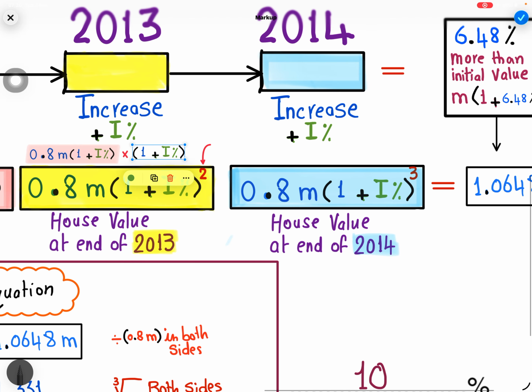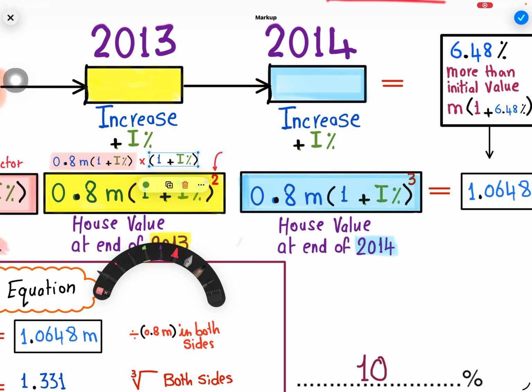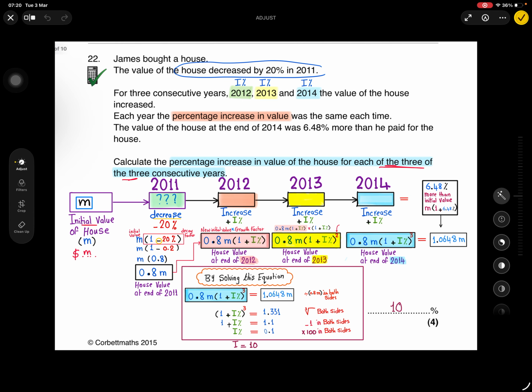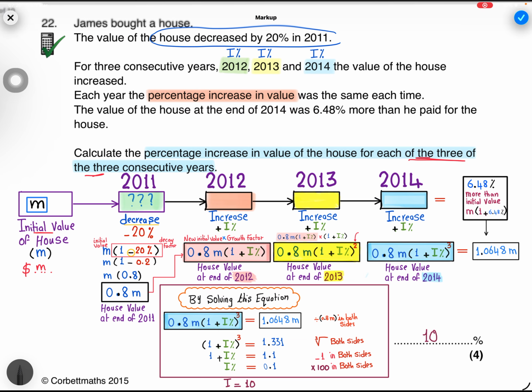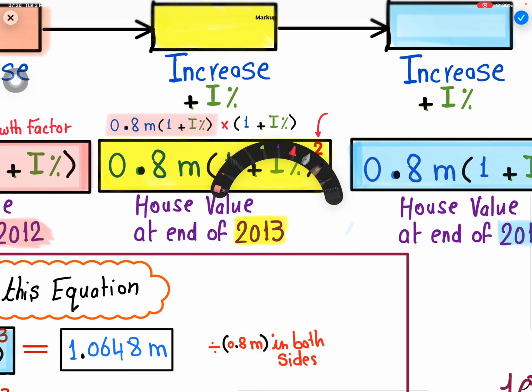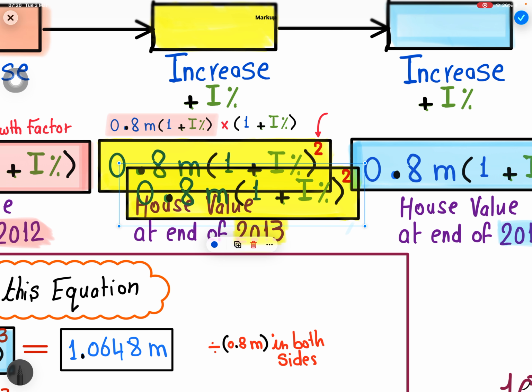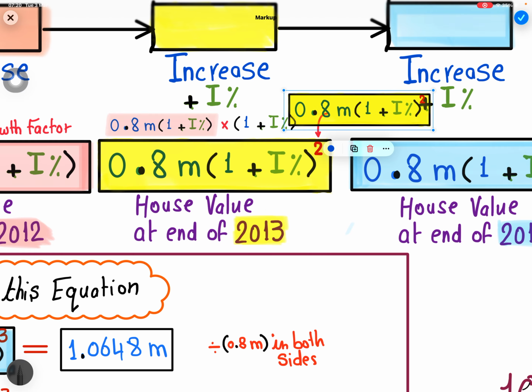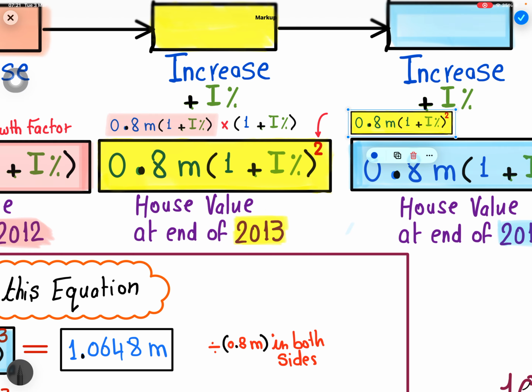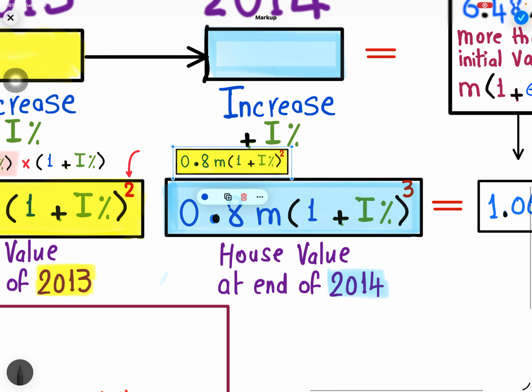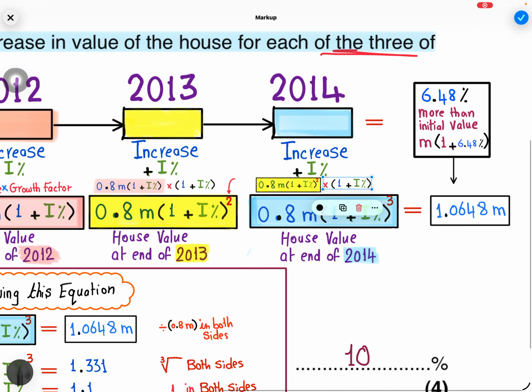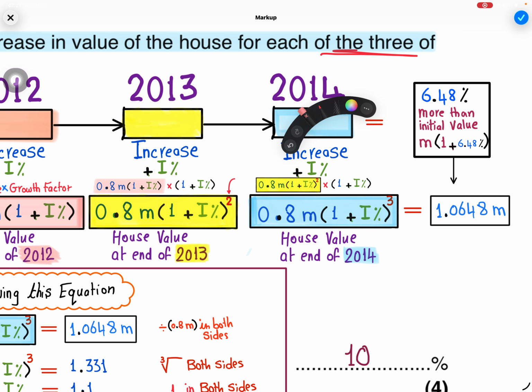This is because the yellow box, which is the initial value now for the next calculation, is squared, multiplied by the same growth factor. It will be power 3. We found out that it will be power 3. Alright, so that's why we do it this way.